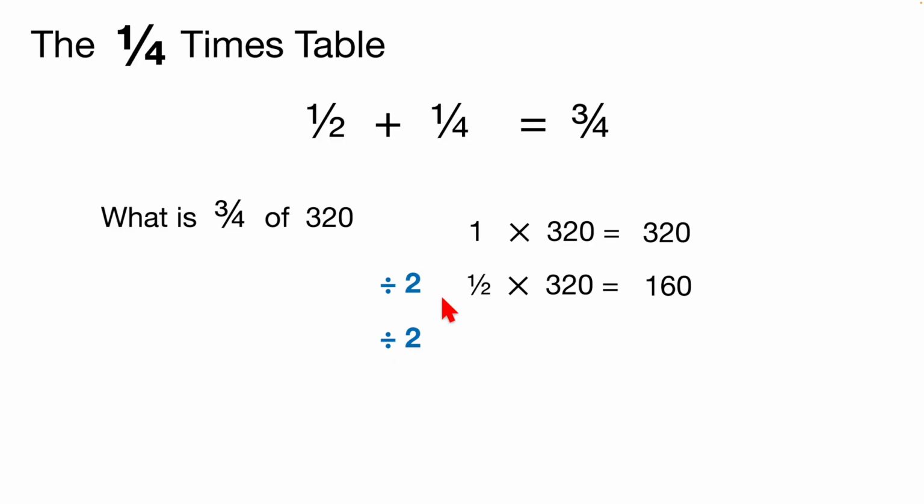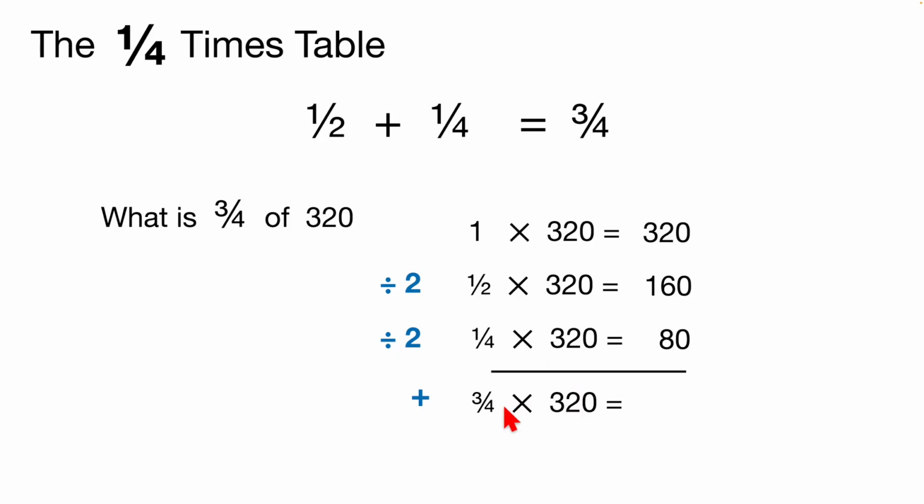And a half of that, a quarter of 320, is 80. Now, if I add these last 2 lines, I would add a half and a quarter, and I would get 3 quarters times 320. And on this side, I get 160 plus 80, 240. Without any real complication at all.